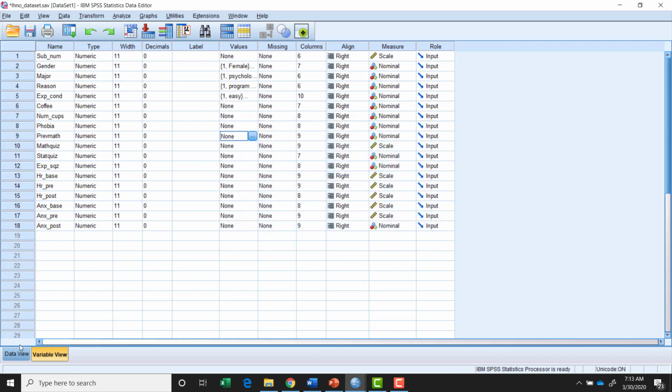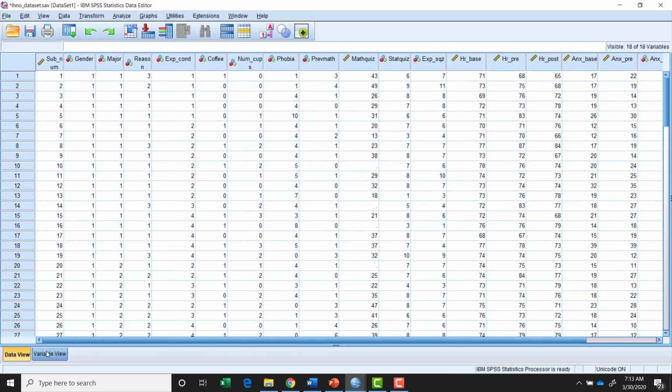But okay, so one last thing, we can actually create new variables. So at the moment we have the math quiz. This is between 0 and 50. Now generally students I know like their exam scores to be on a scale of 0 to 100%, otherwise they can get confused. So let's create a new variable.